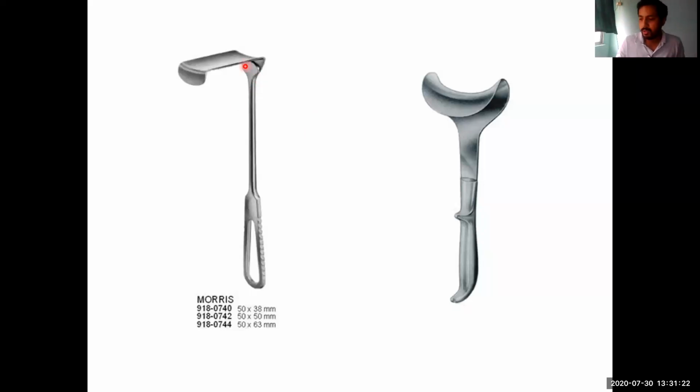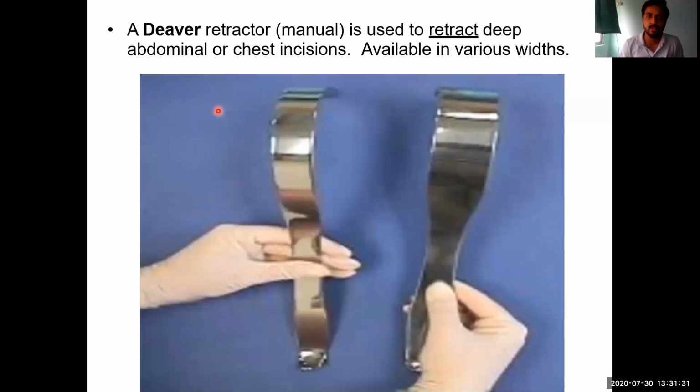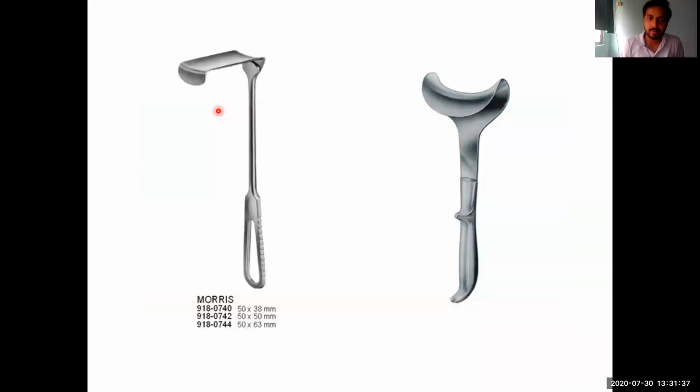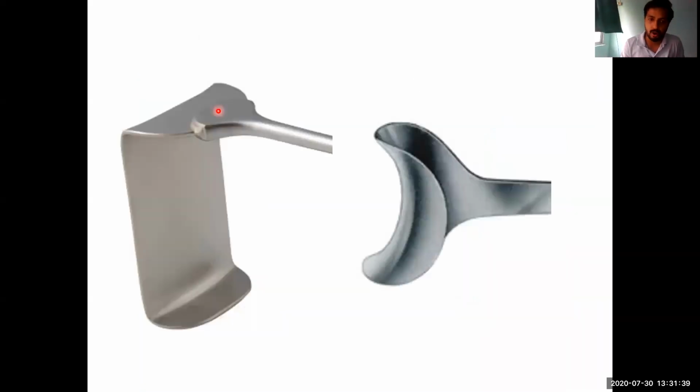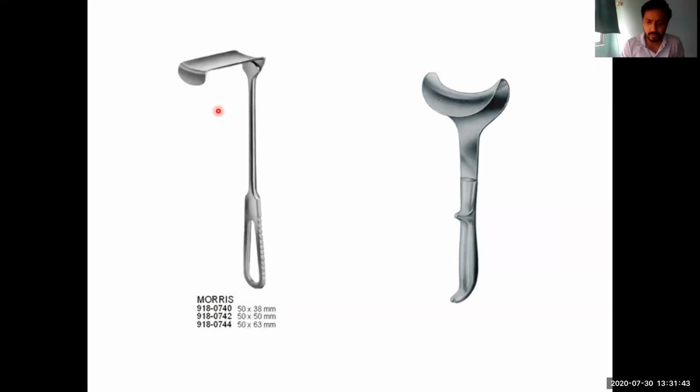In appendectomy, you can retract the muscle part even after opening the peritoneum and going inside. Sometimes we use the smaller variety of levers also to retract the cecum and to find out the appendix. And sometimes some surgeons use the Morris or Langenbeck to retract the cecum and find the appendix.